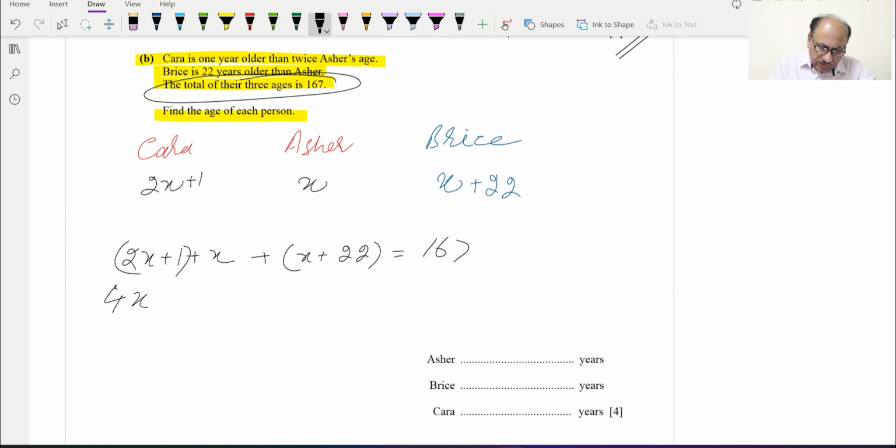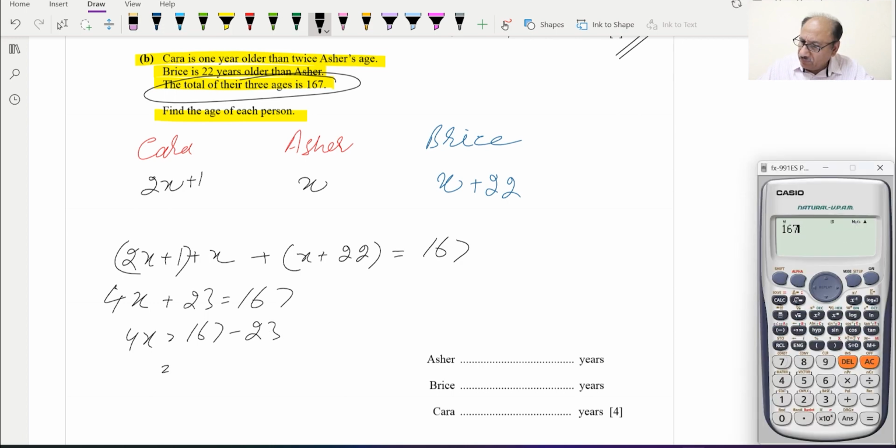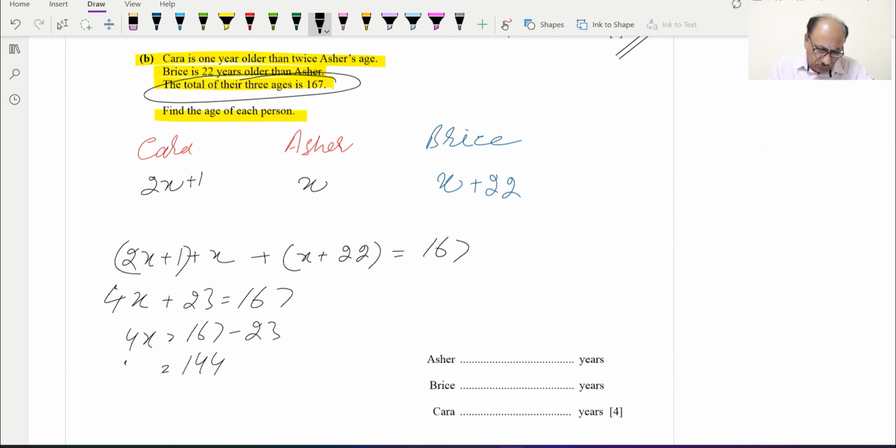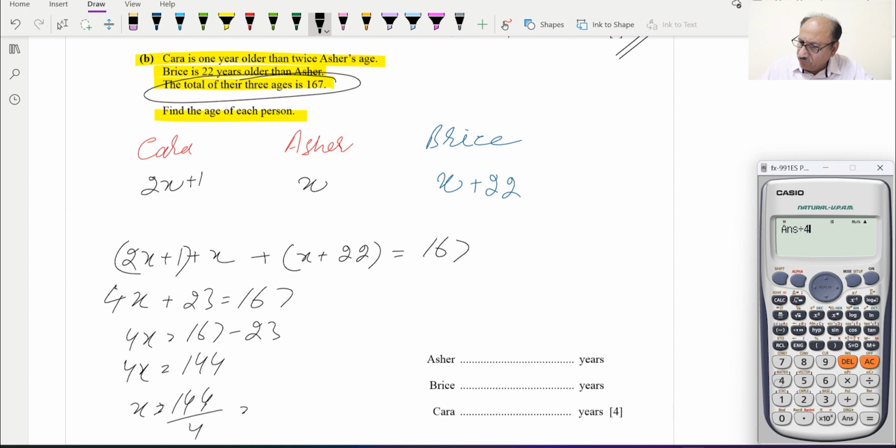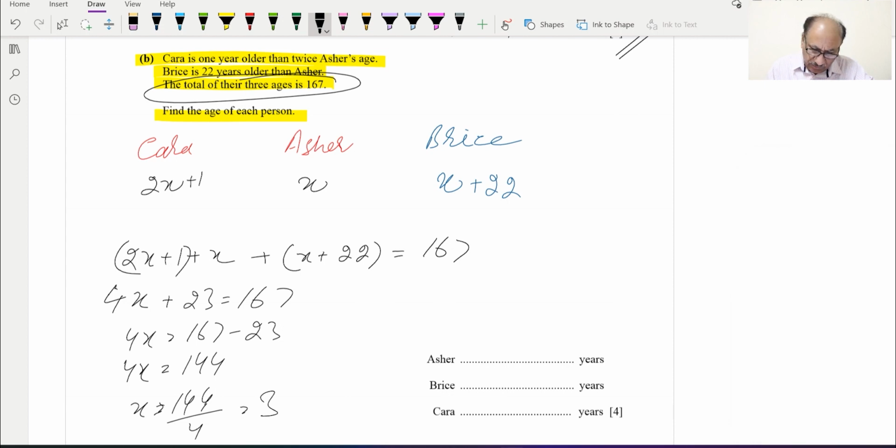So 4x plus 1 plus 22 will be 23, is equal to 167. So 4x is equal to 167 minus 23, which is 144. So x will be equal to 144 over 4, and 144 divided by 4 is equal to 36.